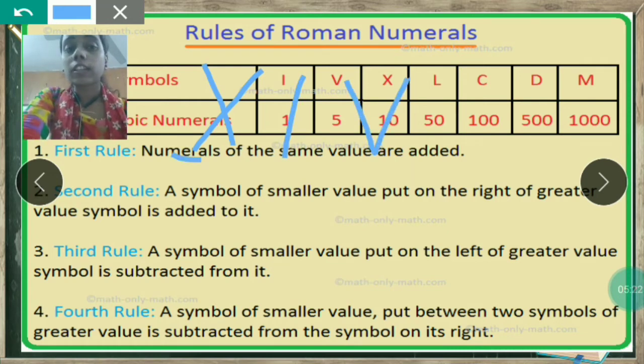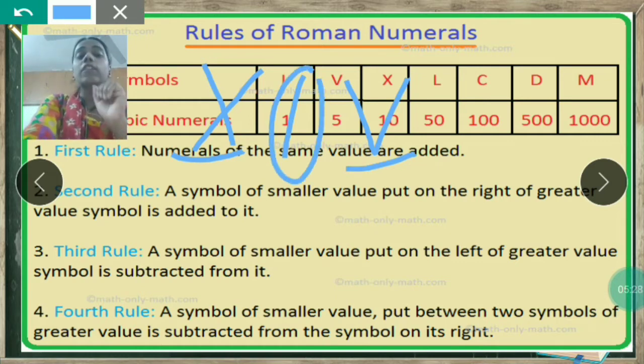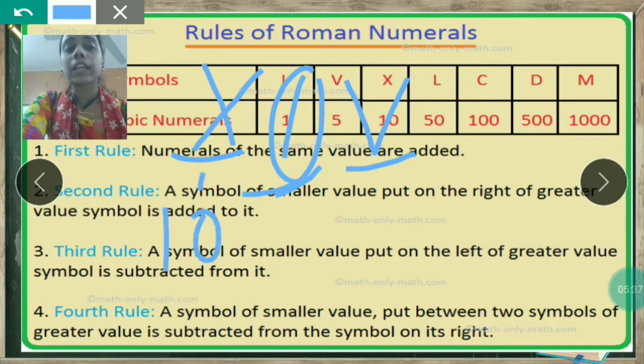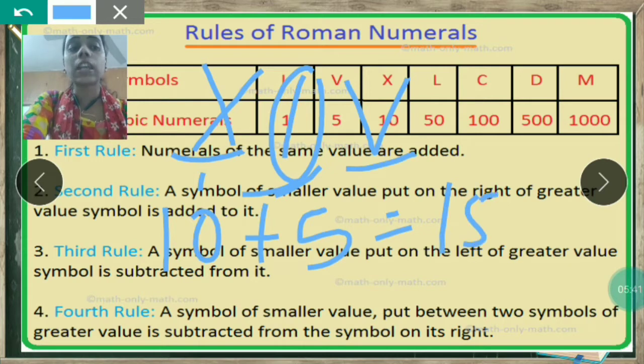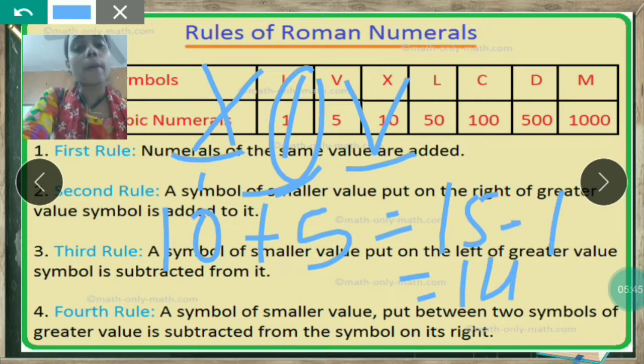So see here, the value of X is equal to 10 and the value of V is equal to 5. And the value of I is 1, which is a smaller value. So the smaller value is written between the two greater values. So what will we do? We will subtract the smaller value. So 10 plus 5 is equal to 15, and 15 minus 1 will be equal to 14. So this is rule number 4.